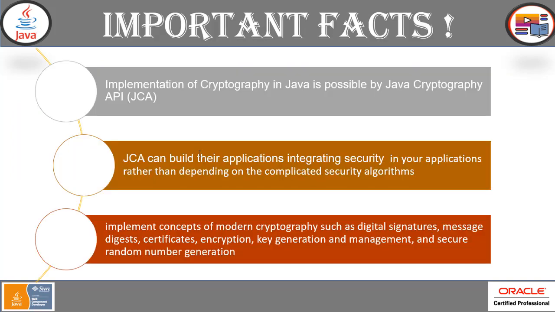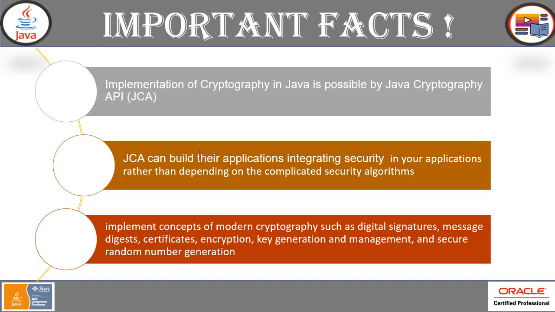Cryptography itself is a vast topic to discuss. We are going to be coming up with a playlist soon about it. So stay tuned. Before that, let's discuss some important facts about cryptography. Implementation of cryptography in Java is possible with the Java Cryptography API.